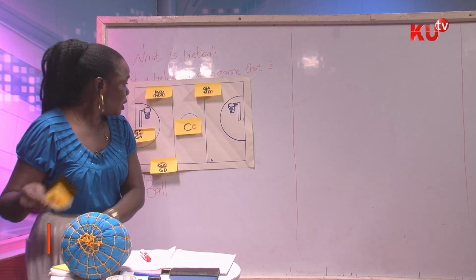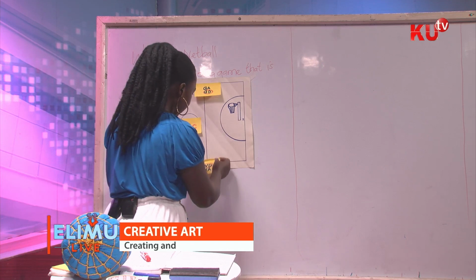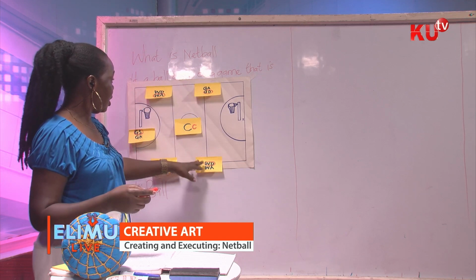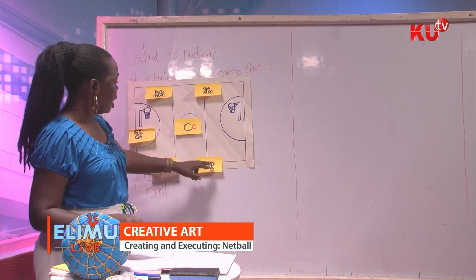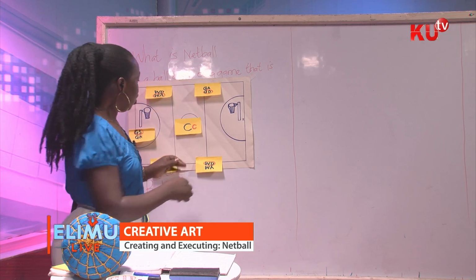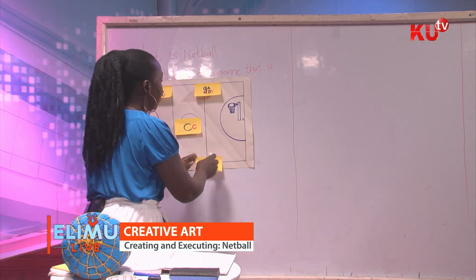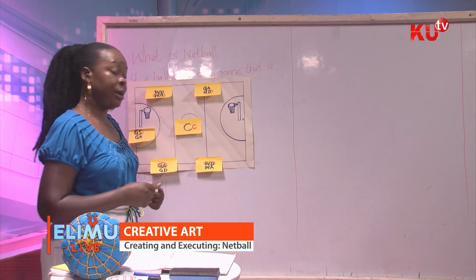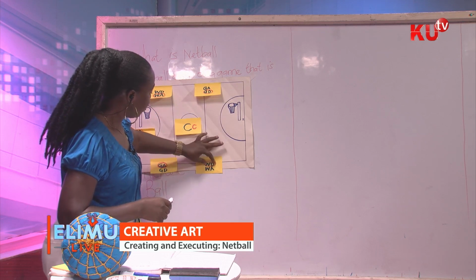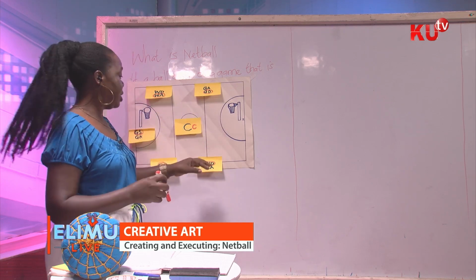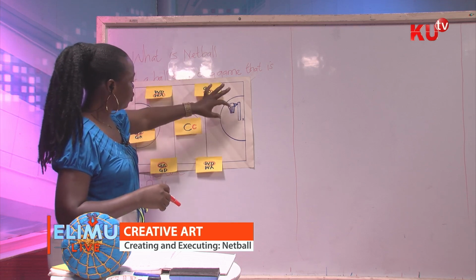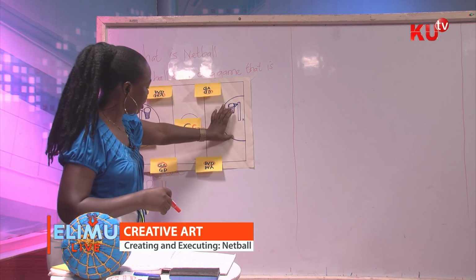Then we go to number 6. Number 6, we have the wing defender and the wing attacker. The wing attacker this side receives the ball from the center or from anywhere else and then passes it to the goal shooter. And then the wing defender will make sure that she defends the ball from moving to this semicircle.